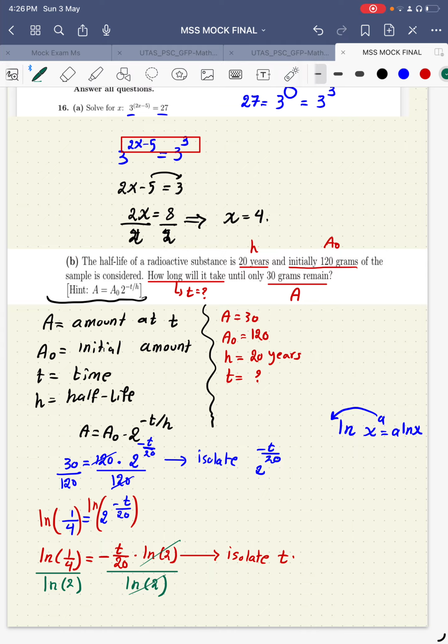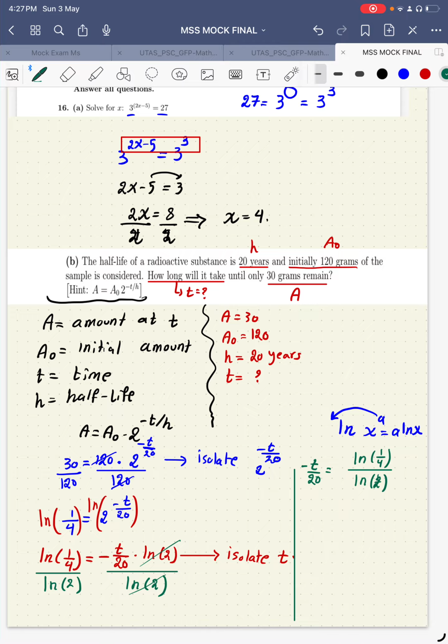I'm going to end up with minus t over 20 equal ln 1 over 4 over ln 1 over 2.